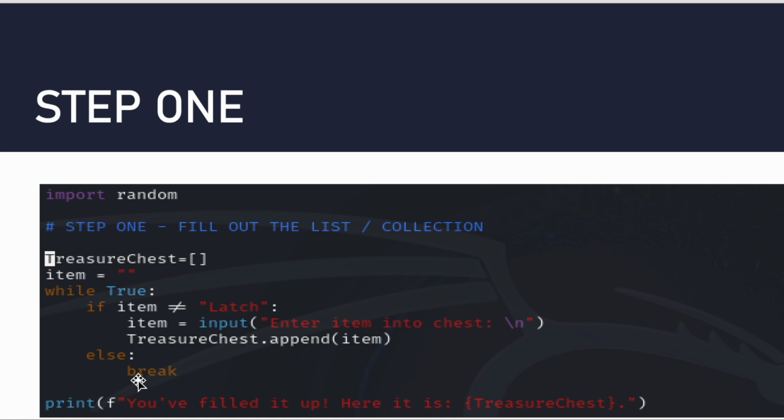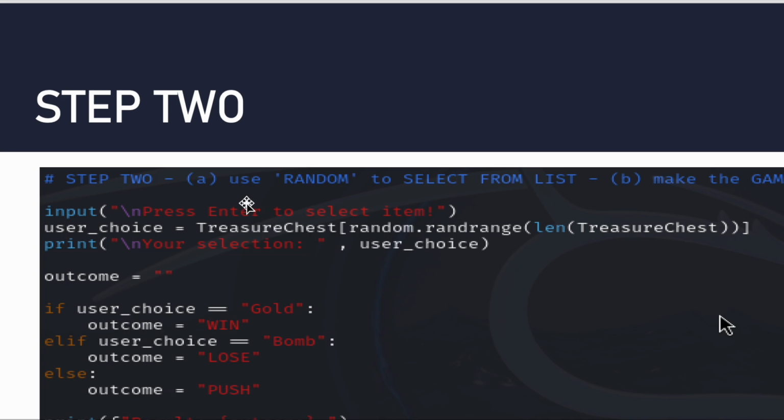The keyword break actually breaks out of the while loop, and then it'll say you filled it up, and here is the treasure chest. Now step two is using random to select from the list that we created and actually make the game.